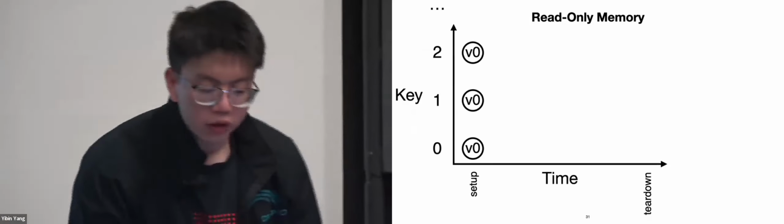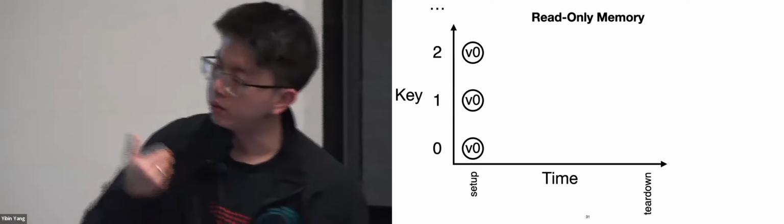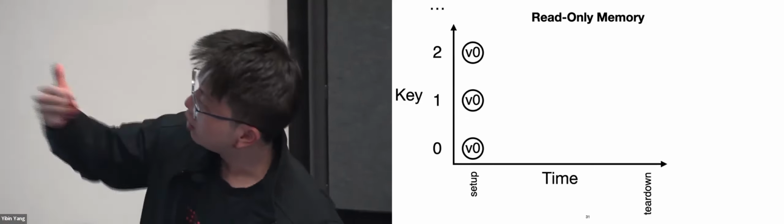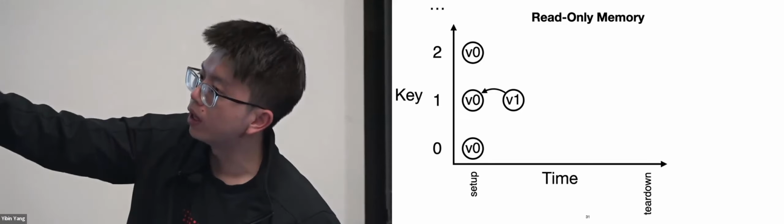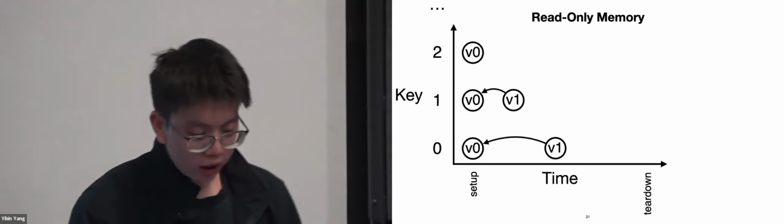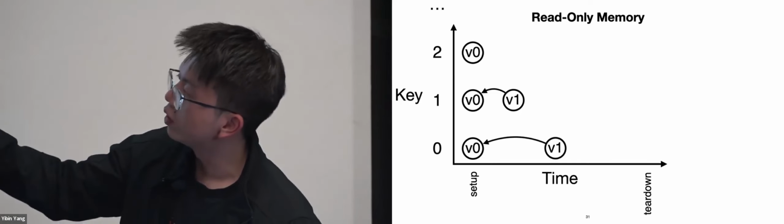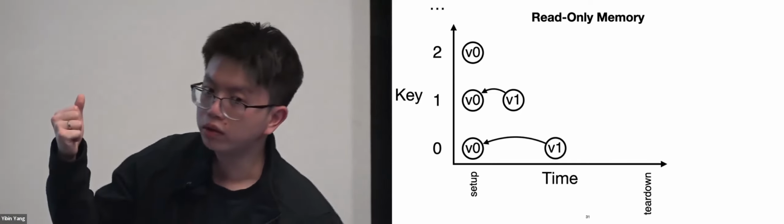Okay, let me show you a picture to further amplify the understanding. Here, as time goes, we have 3 values stored inside the read-only memory. The first time you want to read index 1, I consume its initial version and create a new version v1. The second time we access index 0, we create a new version v1 for index 0 only.